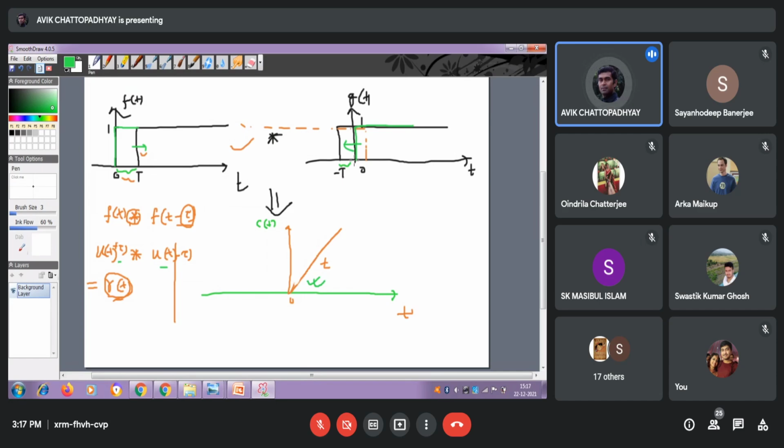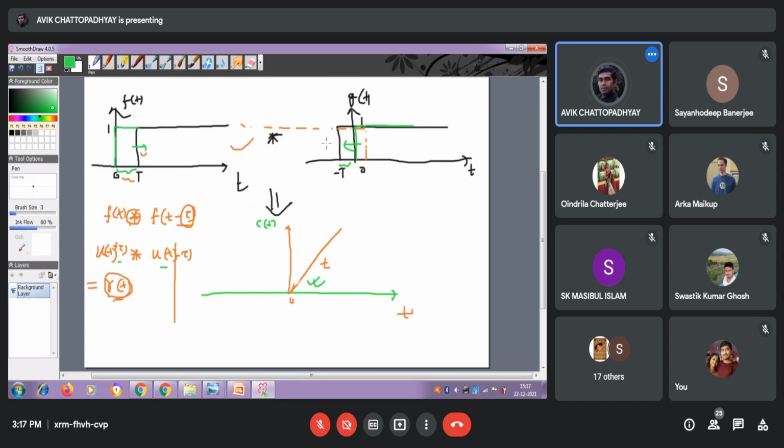As we have shifted in two different directions by the same amount, the resultant effect gets cancelled, and the net effect is that the convolved signal remains unmoved. It starts from 0, as if it is a convolution between two unit step functions.